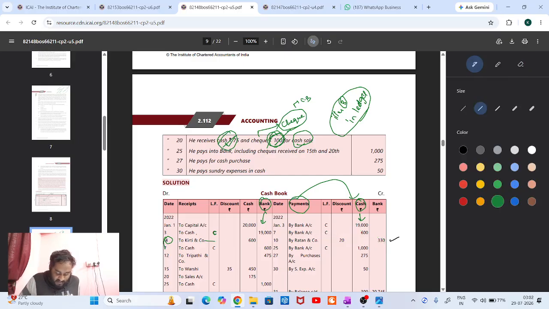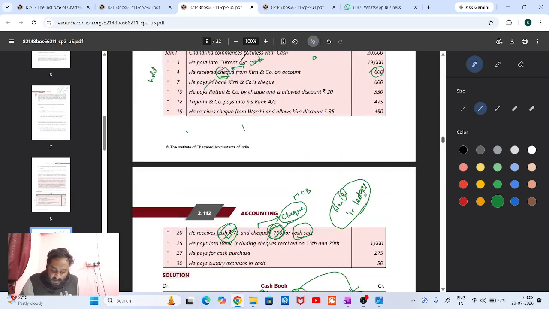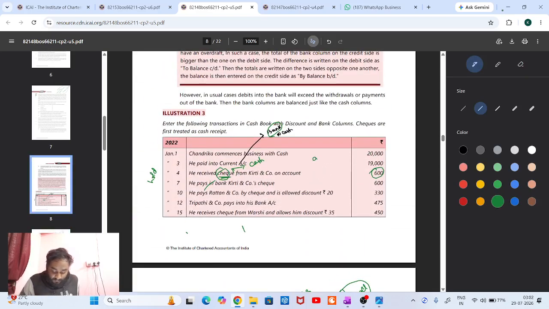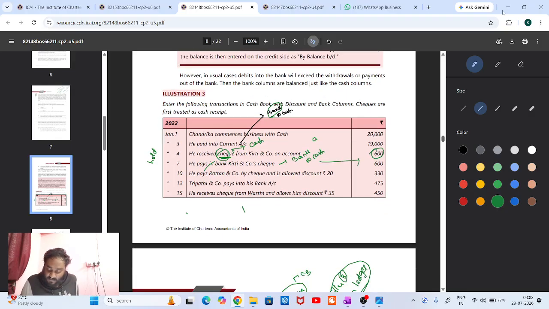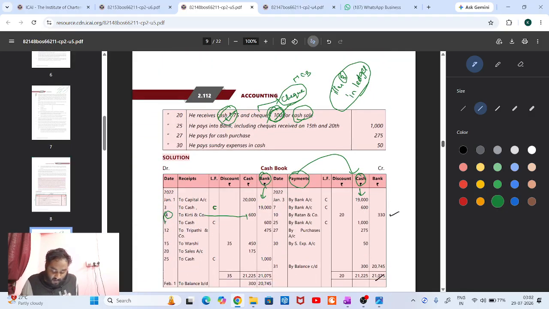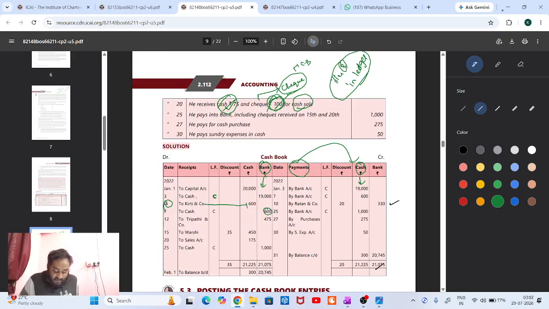And he pays in bank. So bank balance increases, cash balance reduces. It will be contra entry for 600 rupees, in bank column 600 to cash, and vice versa, on January 7th, 600 in cash column.